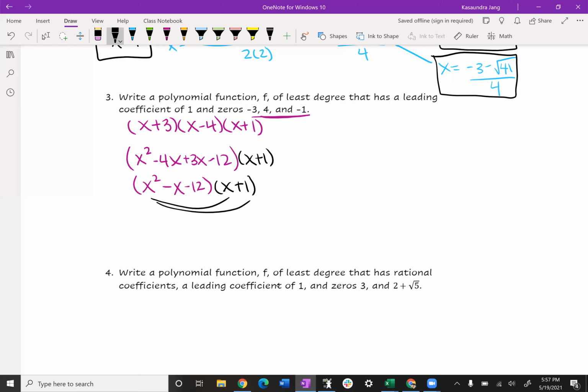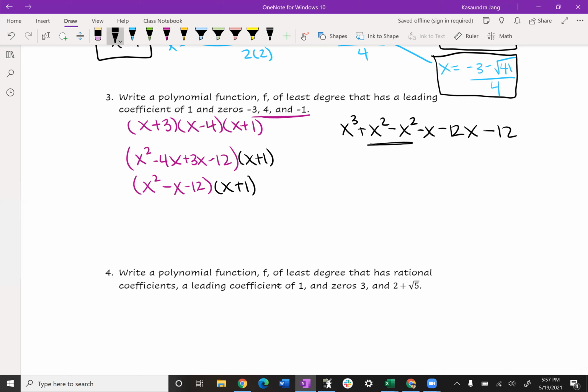So x squared times x gives me my x cubed, and x squared times 1, okay. Next, distribute the negative x. All right, and now I'm going to distribute the negative 12. All right, so I will combine some like terms again.